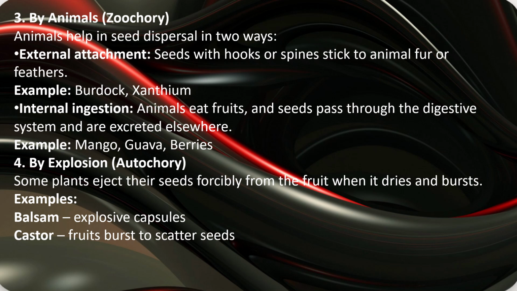Example: mango, guava, berries. Fourth one, by explosion, autochory. Some plants eject their seeds forcibly from the fruit when it dries and bursts. Examples: balsam, explosive capsules; castor, fruits burst and scatter seeds.